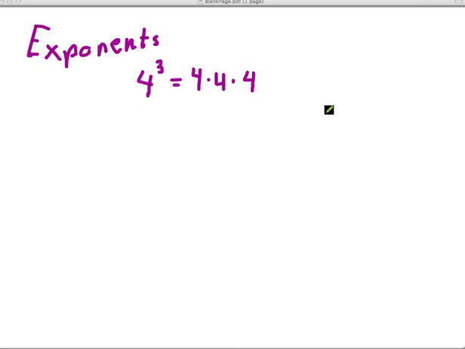Now that might sound redundant or overly simplistic, but there will definitely be questions where it is useful to remember that an exponent literally means that number multiplied by itself that many times, whatever the exponent is. So 4 to the a power equals 4 times 4 times 4 dot dot dot, a number of times.